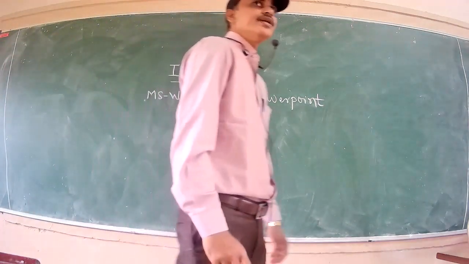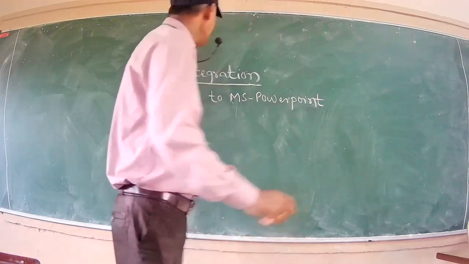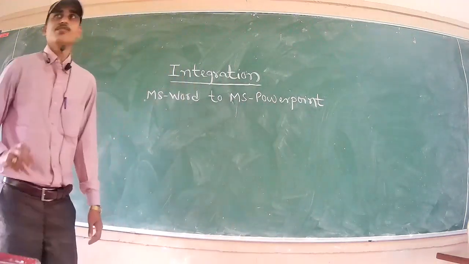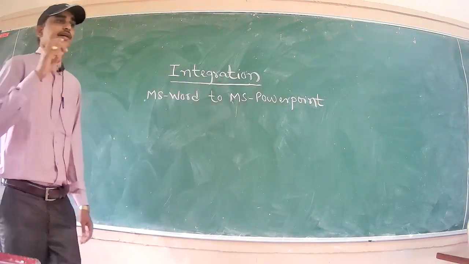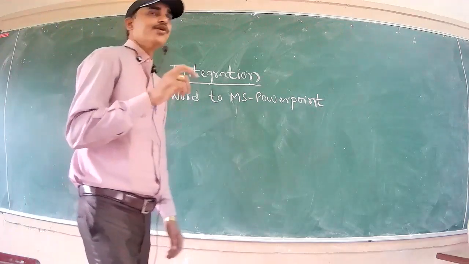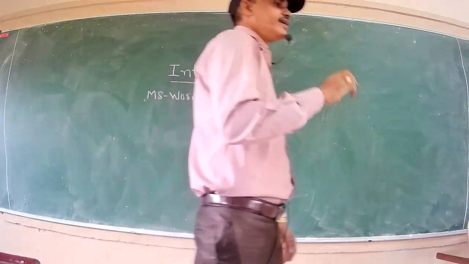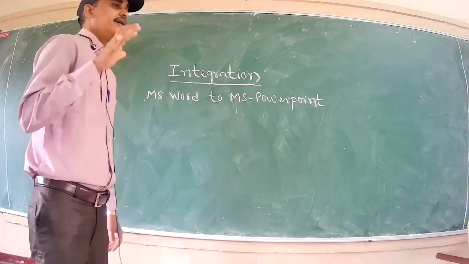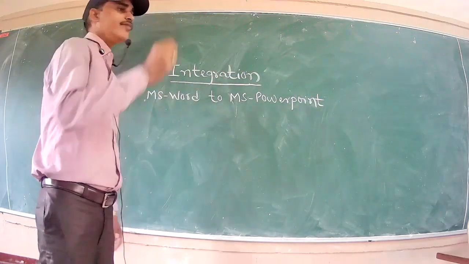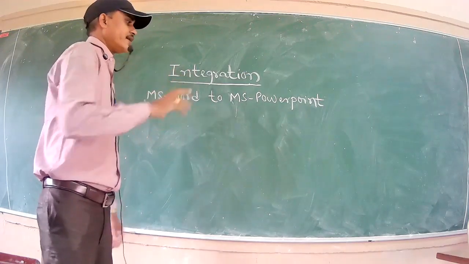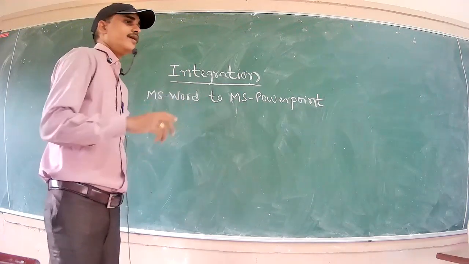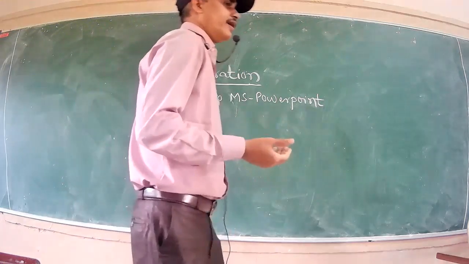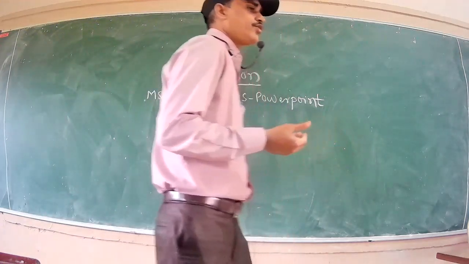Then you have to type the subtitle, say Microsoft Word to Microsoft PowerPoint, by selecting level 2. And the explanation related to that, with normal text, appears at level 3. By selecting level 3, we have to type the next text paragraph. Like that, if you want to create a new file, we have to follow these steps.